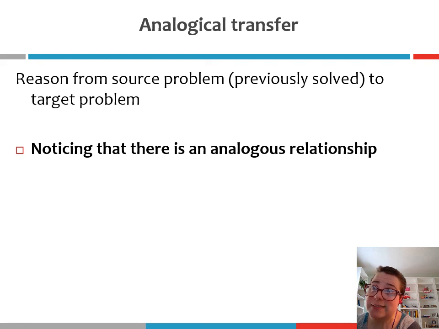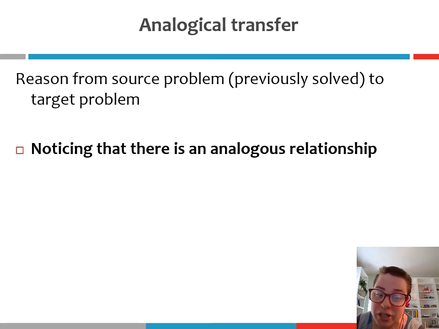And a number of experiments have shown that the most effective source problems are those that are most similar to the target problem, right? So when I say similar, I don't mean just similar in terms of the underlying or structural features, but also the surface features. One of the things that's difficult about reasoning from the fortress problem to the radiation problem is that the topics are totally different.